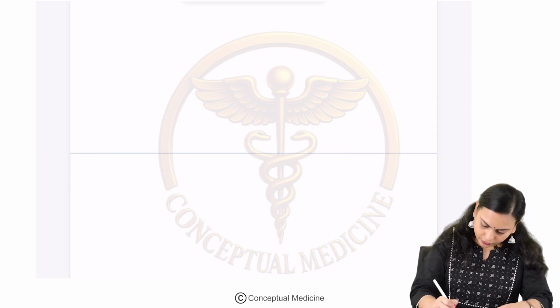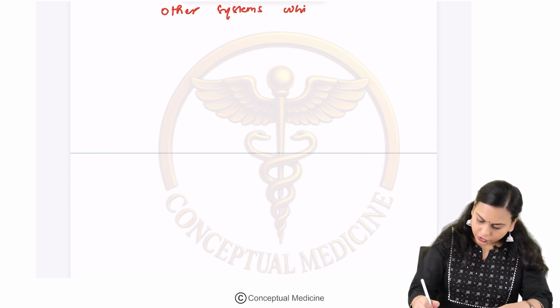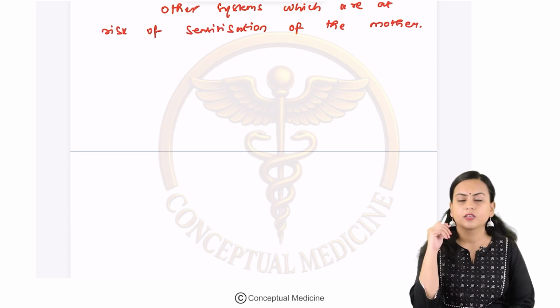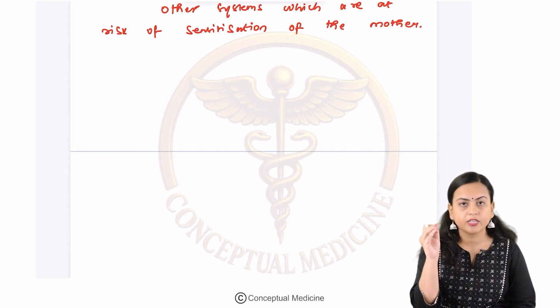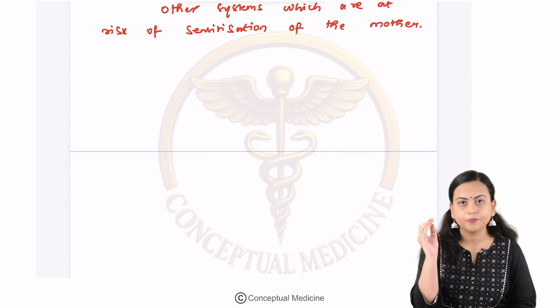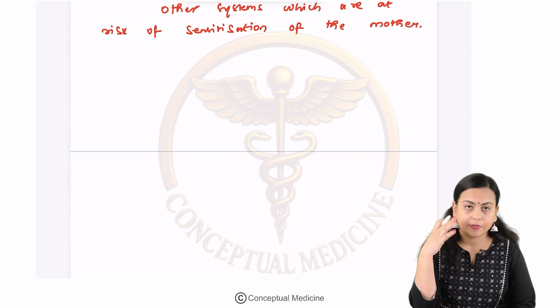Now, we will see the other systems also which are immunogenic like this. These are other systems at risk of sensitization of the mother. The risk of sensitization is more in the KEL system, KID system, then Duffy A and the MNS system.